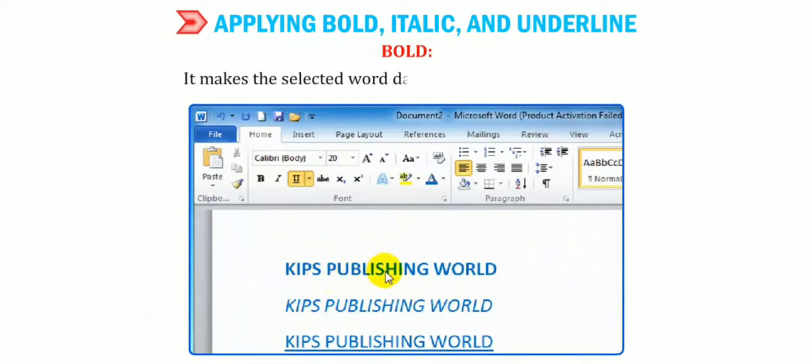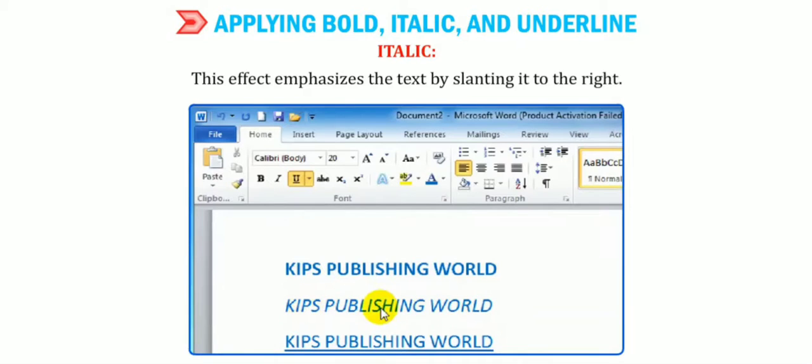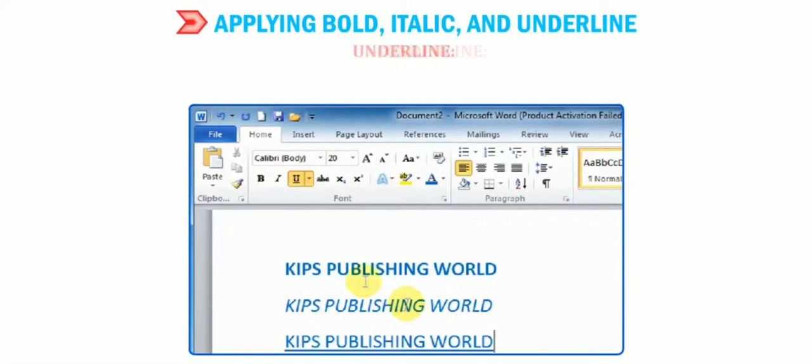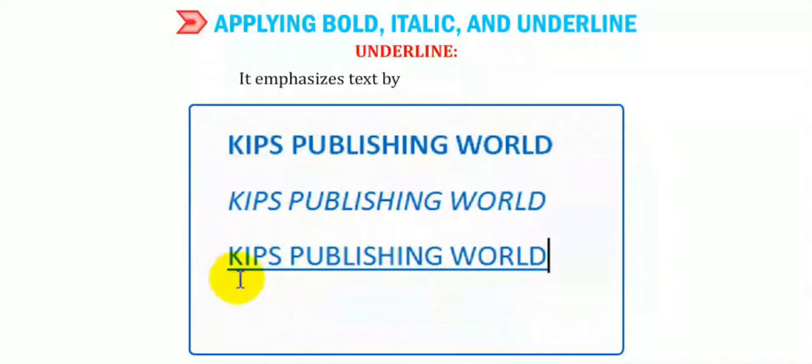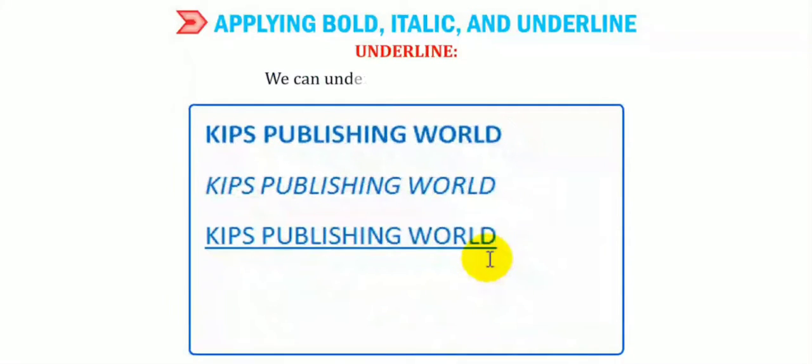The bold option makes the selected word darker than the rest of the text, as shown in figure. Now, what does italic do? This effect emphasizes the text by slanting it to the right, as shown in figure. Now let's see the underline effect. The underline effect emphasizes the text by placing a line under it. We can underline a word or a sentence both.